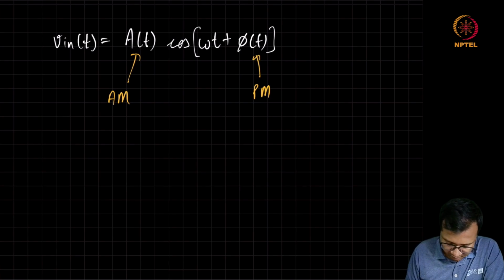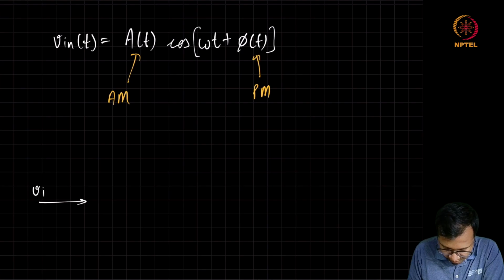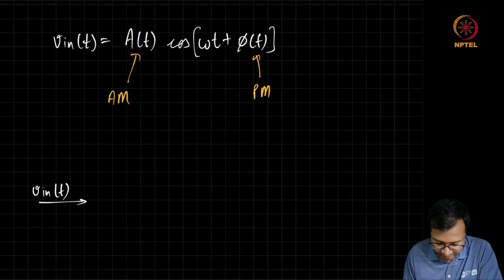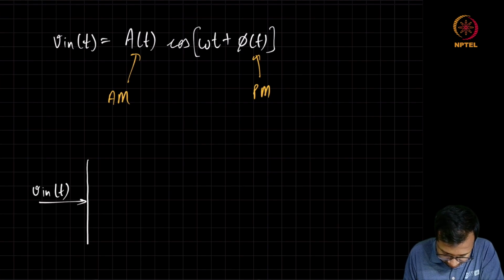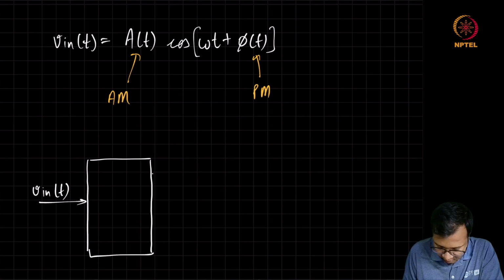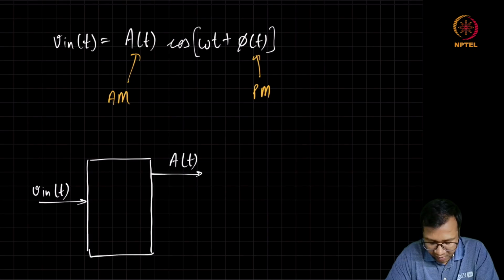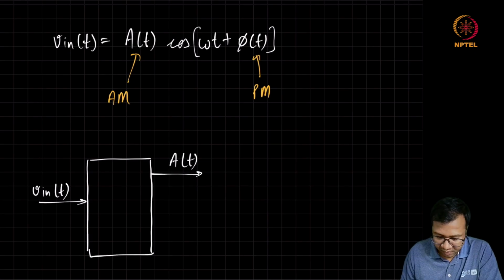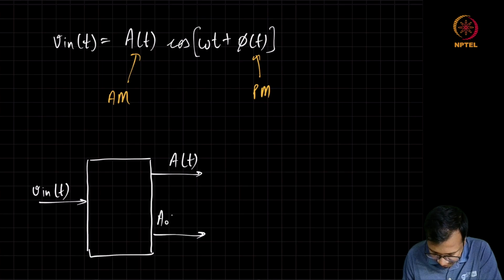So what we can do is take this input signal, which is complex modulated, and split the AM and PM information separately. So we can get the separate envelope information, which is in this A of t, and another signal which has a constant envelope but contains the phase information.